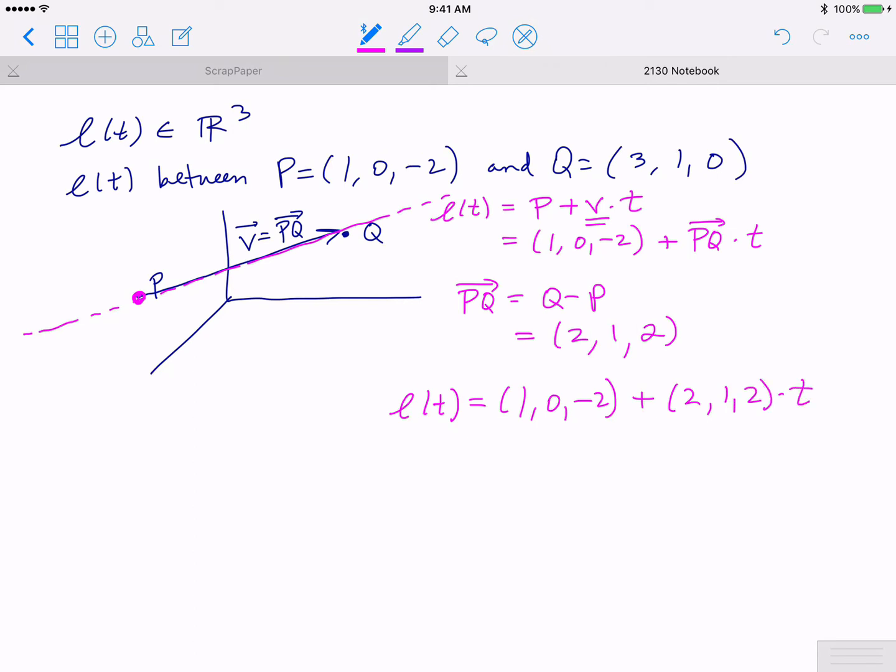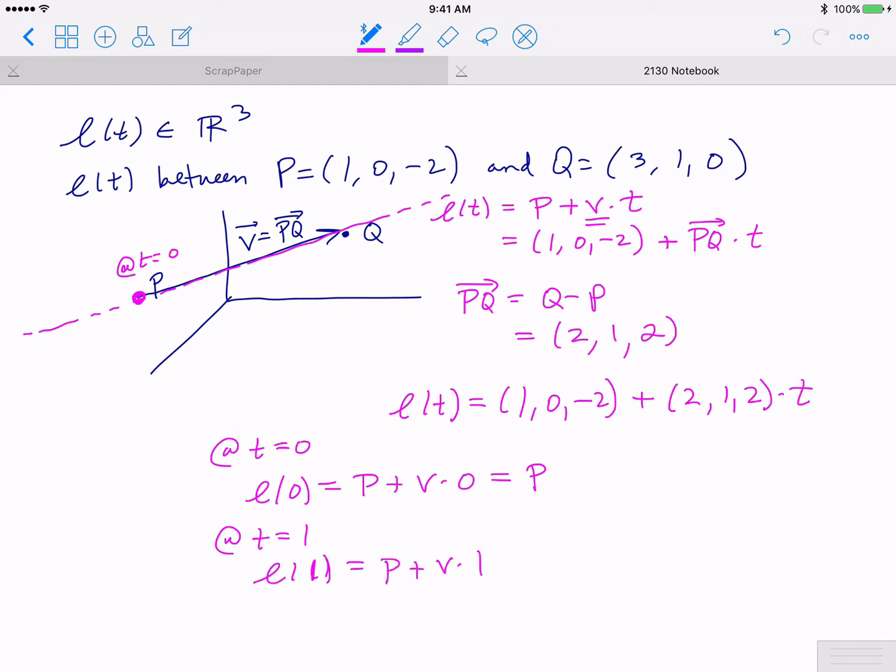Therefore, our line is of the form (1, 0, -2) plus (2, 1, 2) times t. And therefore, at t equal to 0, our line is at the point p plus v times 0, which is at the point p. So we're at this point at t equal to 0. At t equal to 1, we'll be at the point p plus v times 1. But our vector v was p to q.